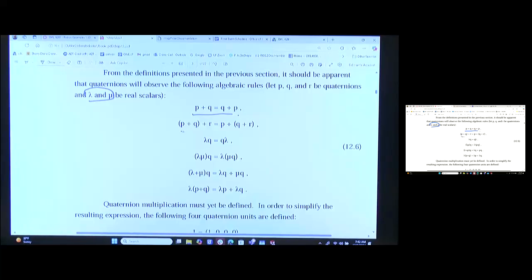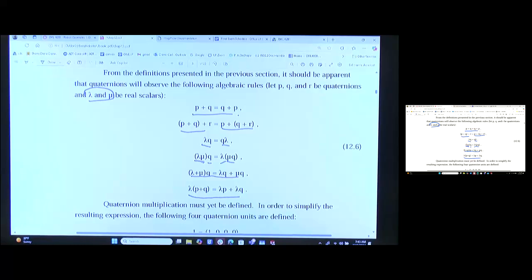Again, if I have 3 of them being added, you can kind of tell from our definition it doesn't matter what order you add them in. If I have a scalar, lambda times a quaternion, I could have post-multiplied and still had the same result. Here's 2 scalars. In other words, I could multiply those scalars together first and then multiply by Q, or I could do this multiplication first. So hopefully these are kind of obvious, so that's why I just didn't feel like writing them on the board. And that one down there.